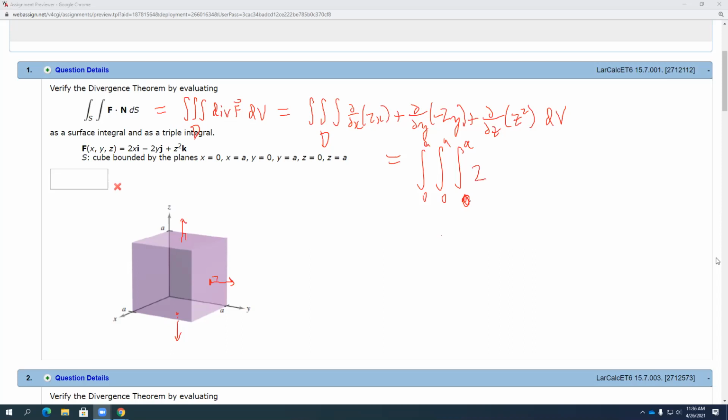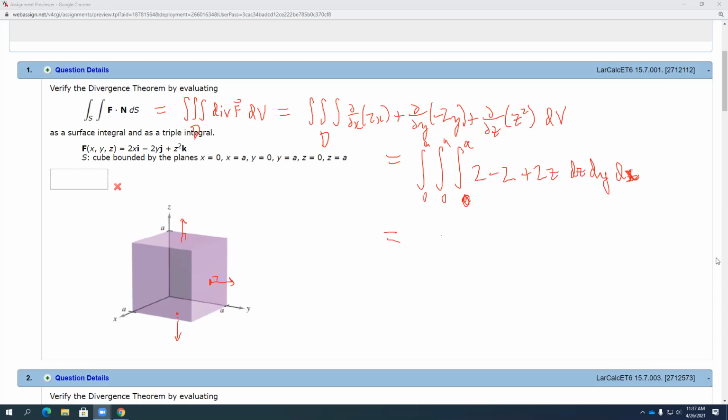Partial with respect to y of negative 2y is negative 2. That's convenient. Partial with respect to z of z squared, well, that's 2z. I don't care what order you put these in. It could be dz, dy, dx, whatever you want. It doesn't matter as long as you have all three and don't repeat something twice like I just did. dz, dy, dx.